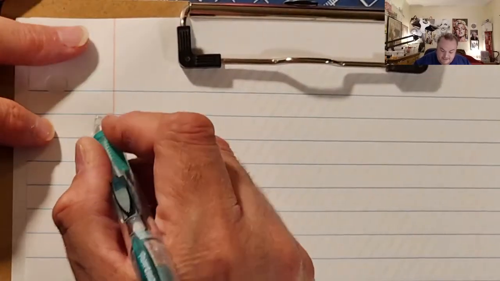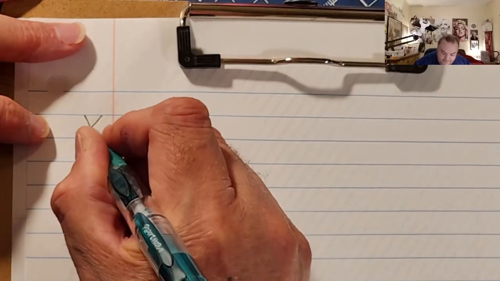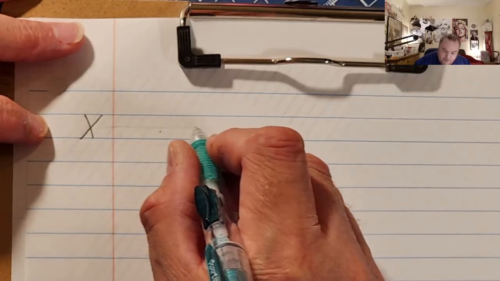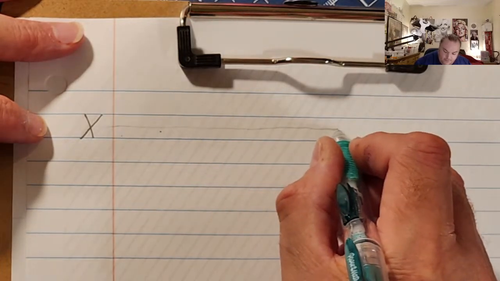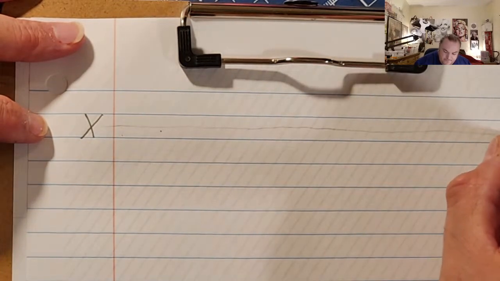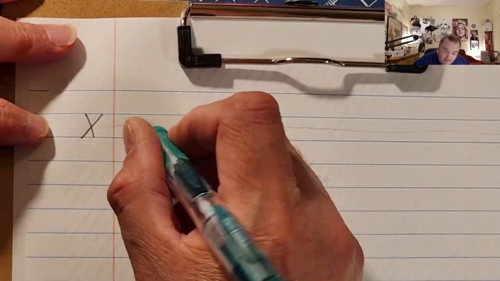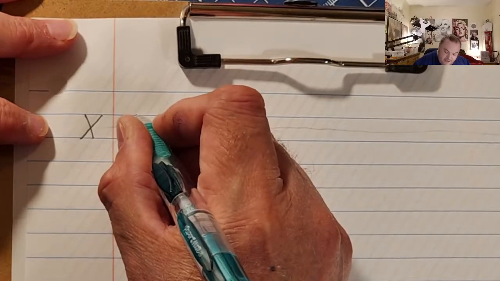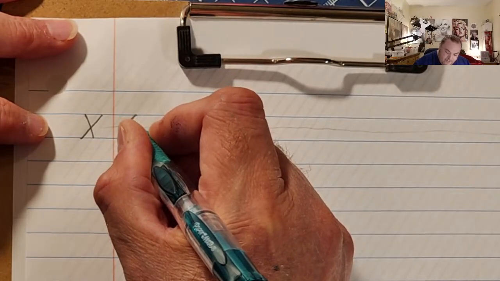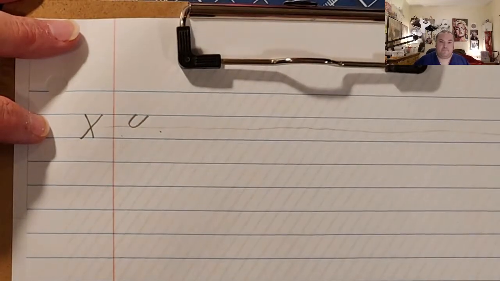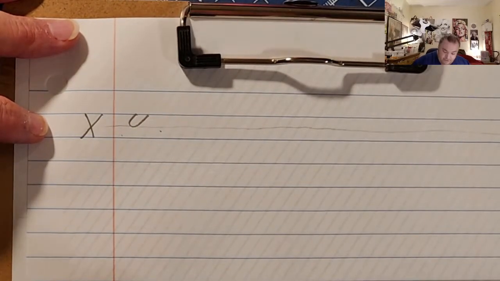And basically, we're going to mark off our X height. And the connecting stroke should be about on the quarter line. So we're going to mark off kind of our invisible quarter line. We're going to come from the top of the X height down to that first quarter, and come right back up to the X height. And that is our connecting stroke.